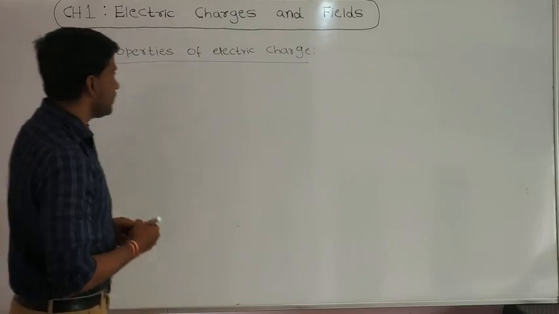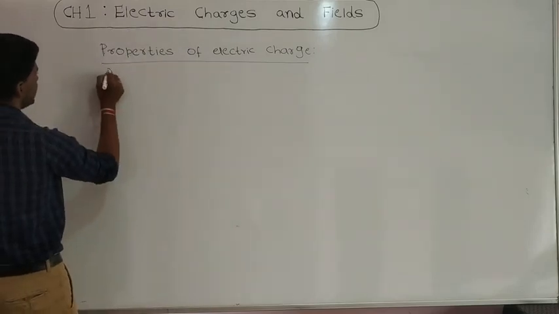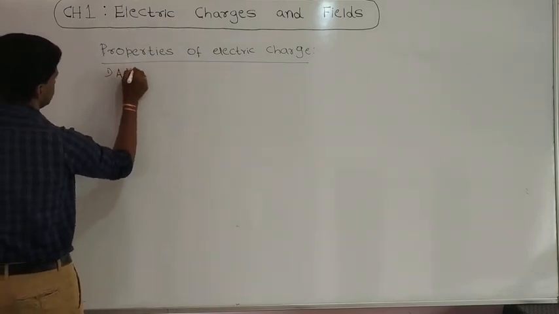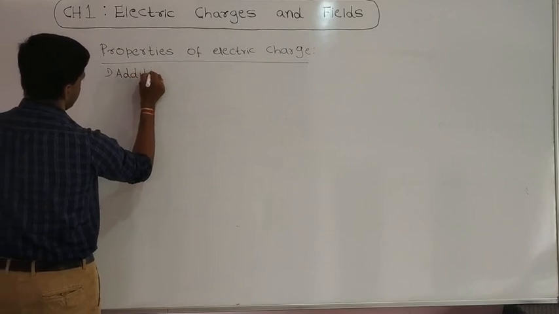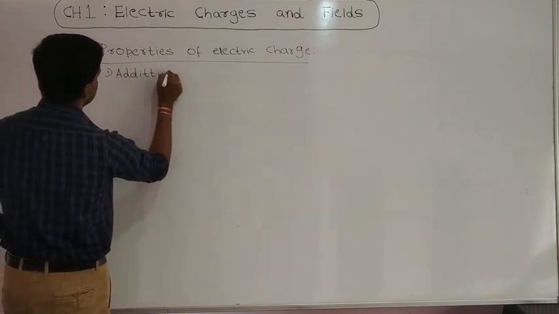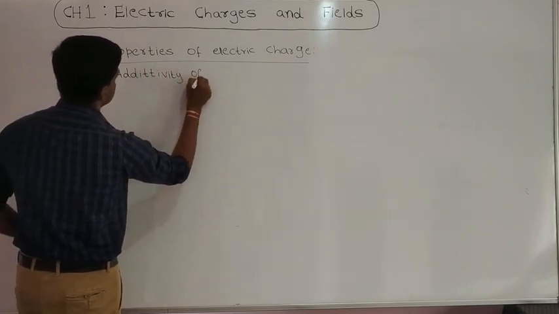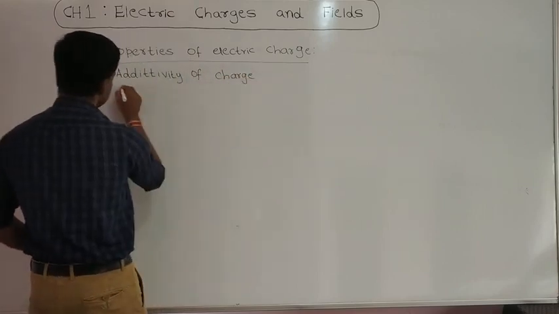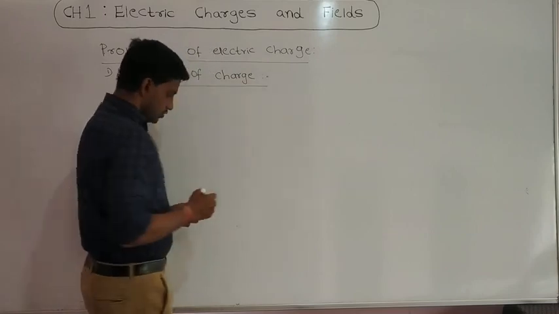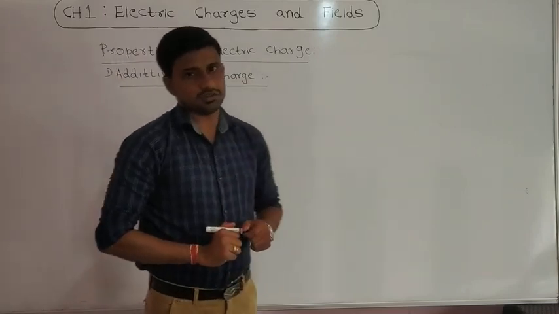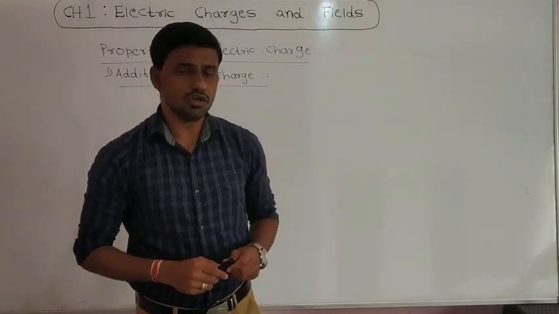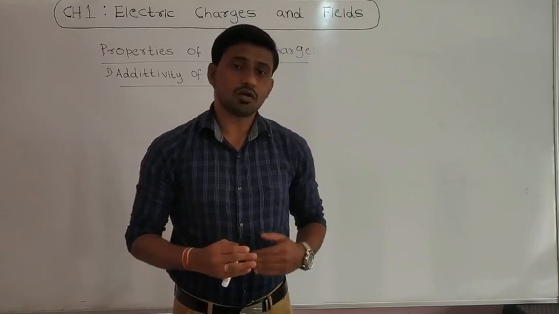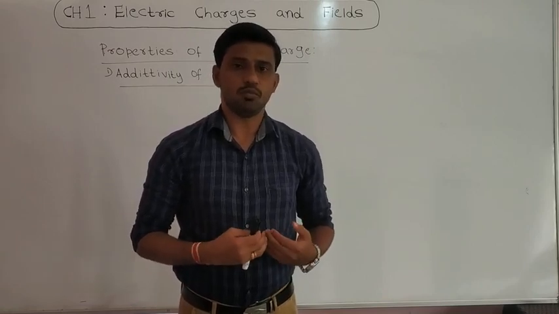The first property of electric charge is additivity of charge. What is the meaning of additivity of charge? Additivity of charge gives the idea about the amount of charge present in any body.